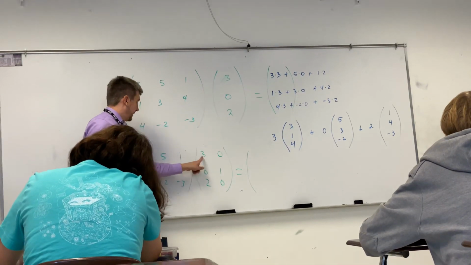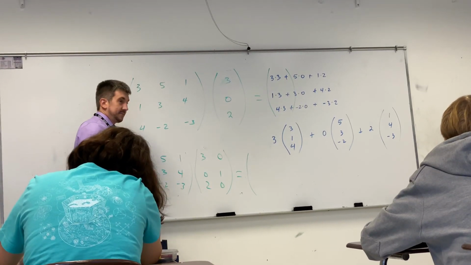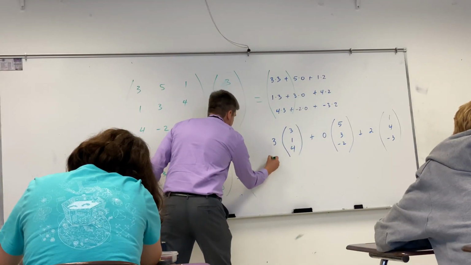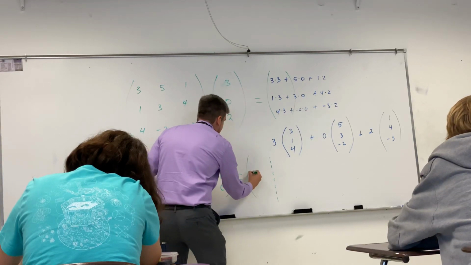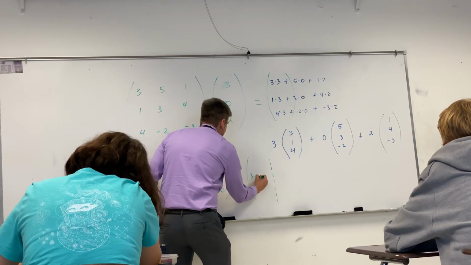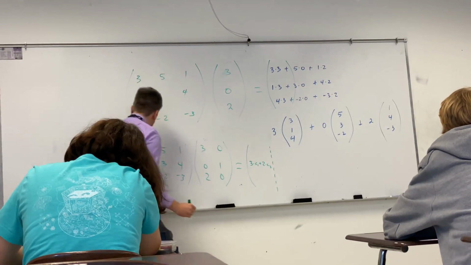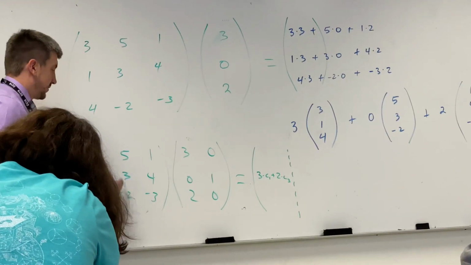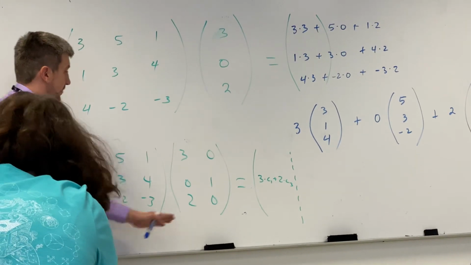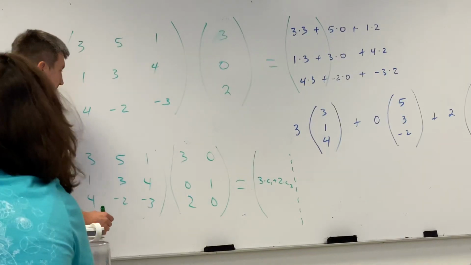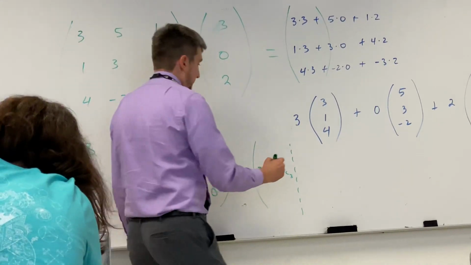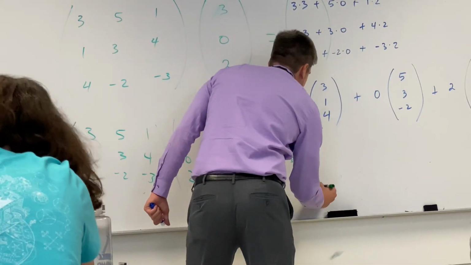That whole thing, right? 3 times this plus 2 times that. So I'm going to think about this as columns. The first column is 3 times column 1 plus 2 times column 3. 3 of these plus 2 of these plus 0 of these that go away, right? And then what's going to end up going over here? 5, 3, negative 2. Why is it 5, 3, negative 2? Because you do 1 times the second column. Right.